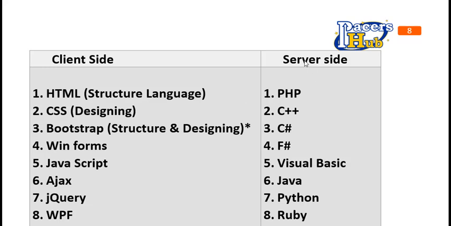And again, the server side: PHP, C++, C#, F#, Visual Basic, all those languages, they are the server side languages. You don't need to combine 3 or 4 or 5 of them together. Just know any 2. Like me, when I was coming up, C++ was what I started from. I left it, and I was in Visual Basic. And from Visual Basic, I migrated myself to C#.